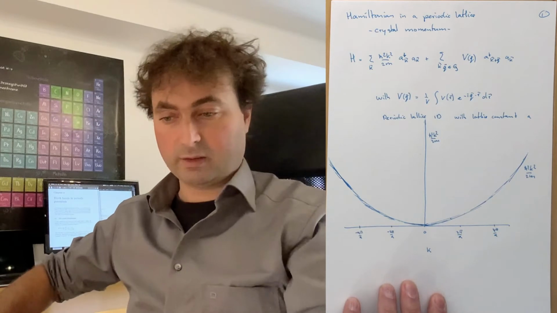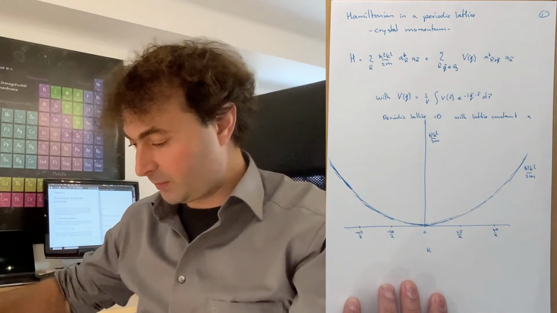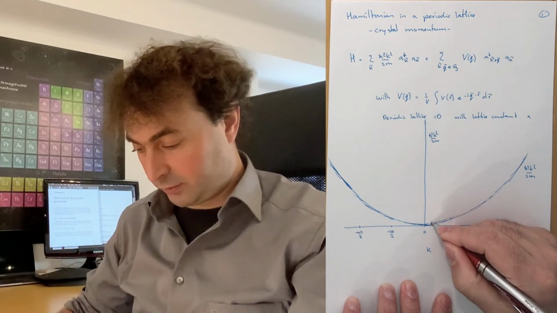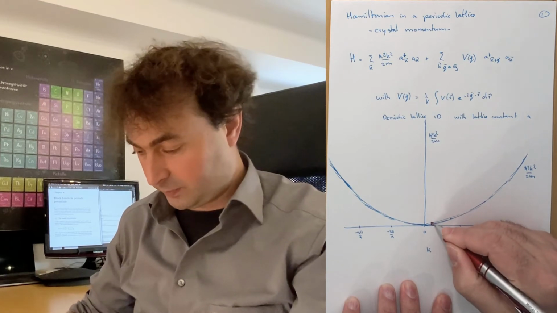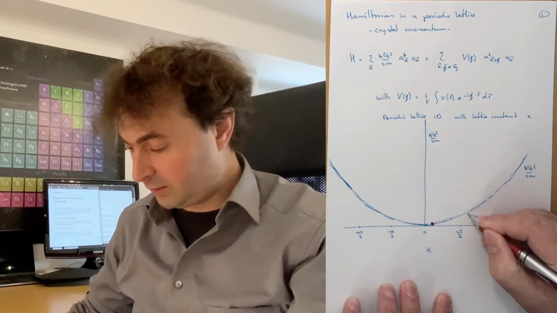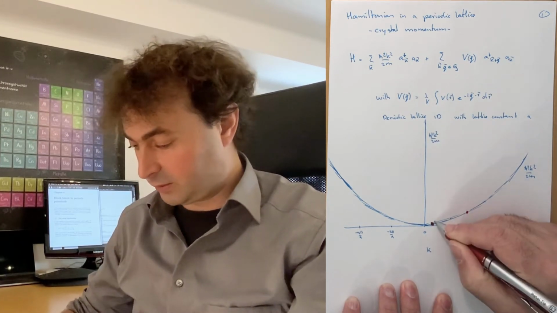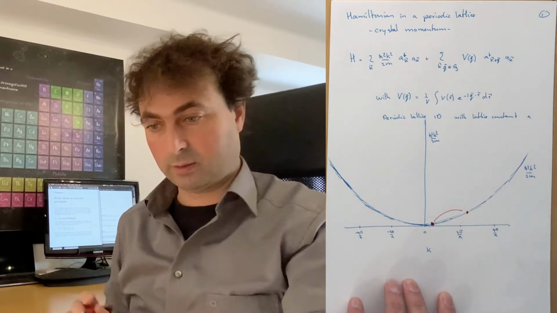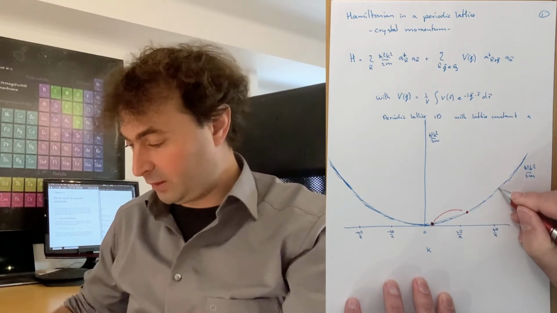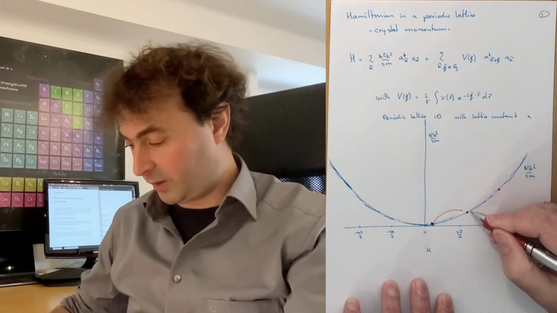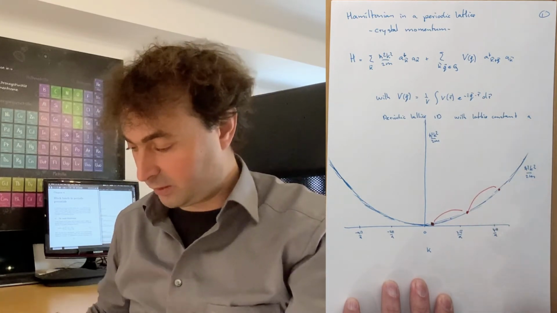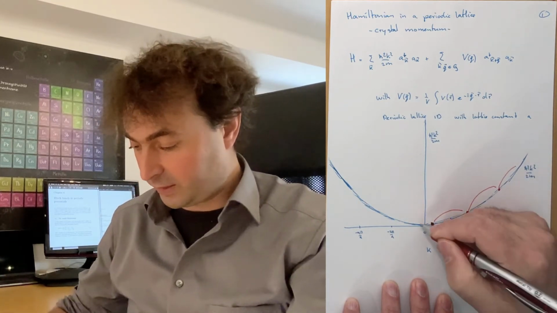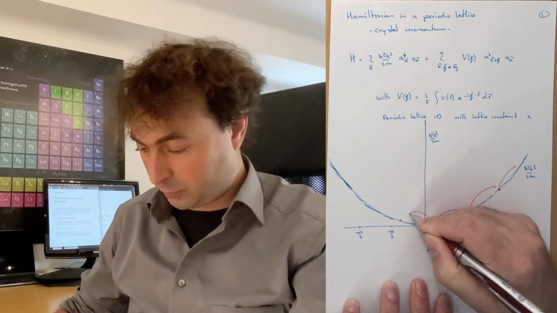And now there is an interaction between the electrons. If I have, for example, an electron at this wave vector, then it interacts with an electron at a wave vector 2π over a larger, and with an electron at a wave vector 4π over a larger, etc., or smaller.